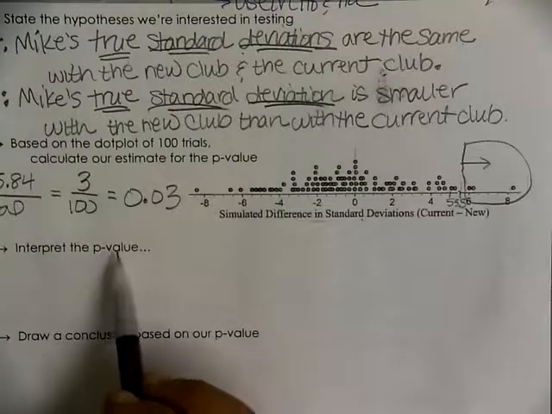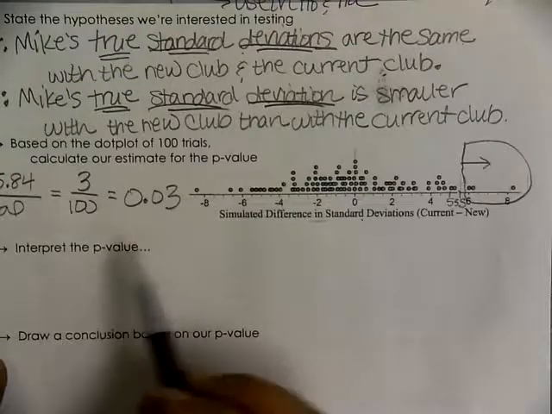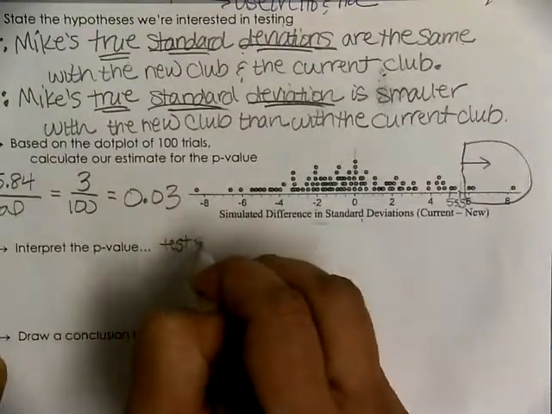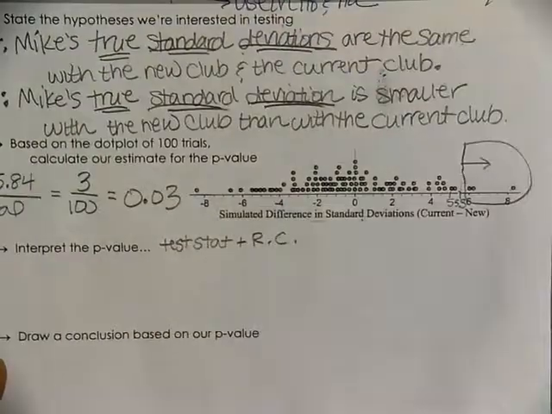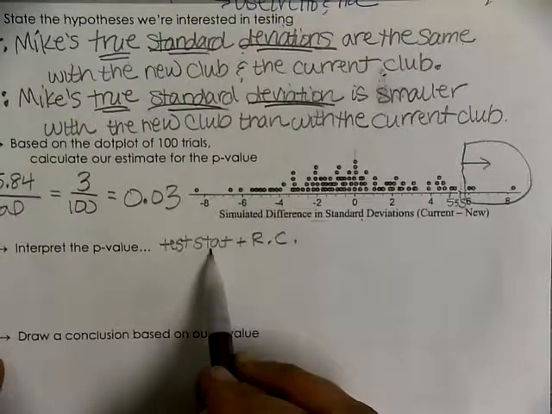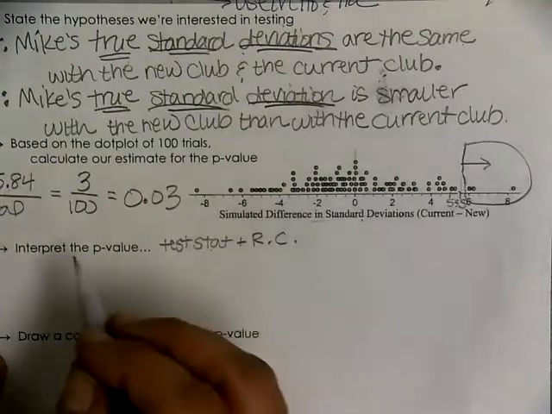So again, to interpret the p-value, remember we discuss our test statistic and random chance. Our test statistic has a name, the difference in standard deviation, and it has a value, 5.84.